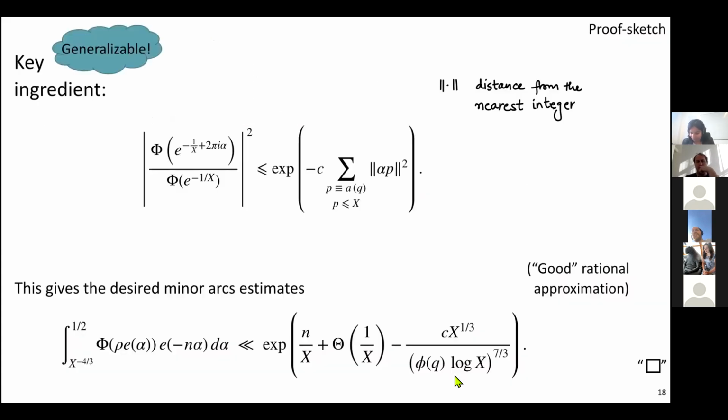Okay, so now let me just point out one thing, that in order to get that upper bound, the main idea is that once you use the exact definition of this function phi, you relate the sine function to the nearest integer distance function. So earlier you just had the absolute value. Now you have this nearest integer distance.